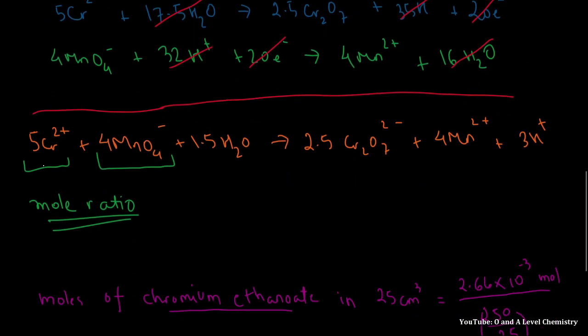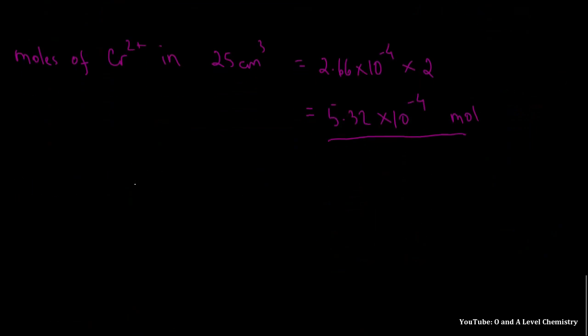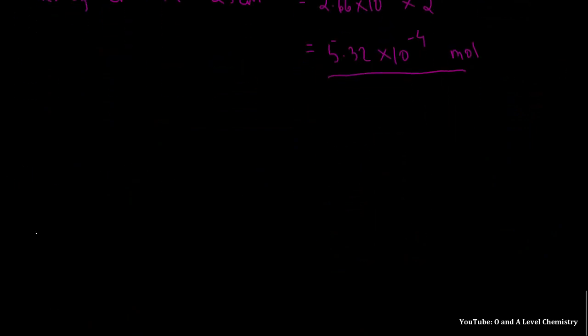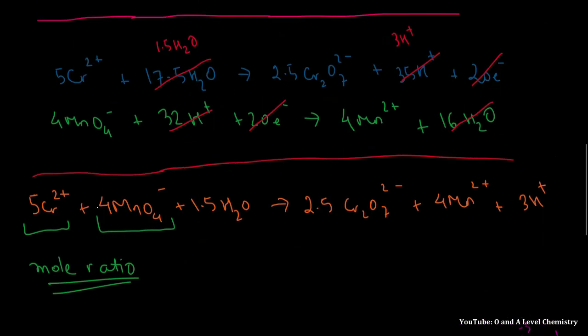So according to the mole ratio, it has to be 4 by 5. So the moles of manganate needed to react with that bit is going to be the moles of chromium, which is 5.32 times 10 to the power minus 4, times the molar ratio. So 5 moles react with 4 moles of manganate.